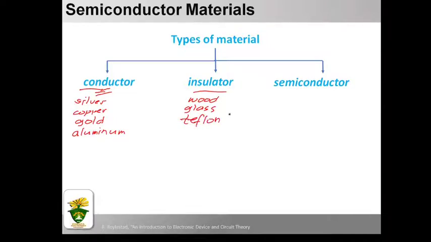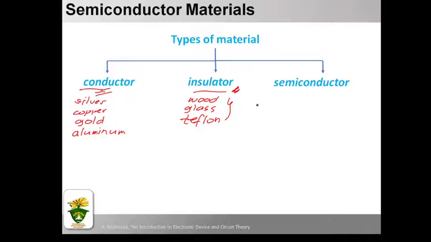They are some prominent examples of insulators. Another example is plastic, like the plastic around the copper wire. So that you don't get electrocuted, there must be an insulator.